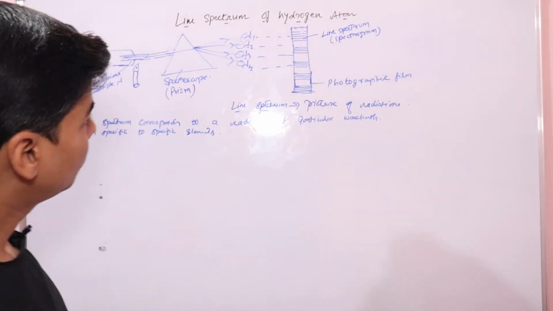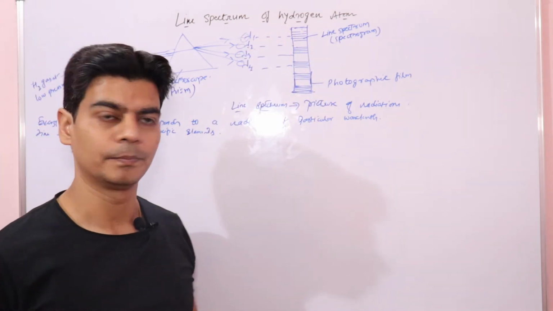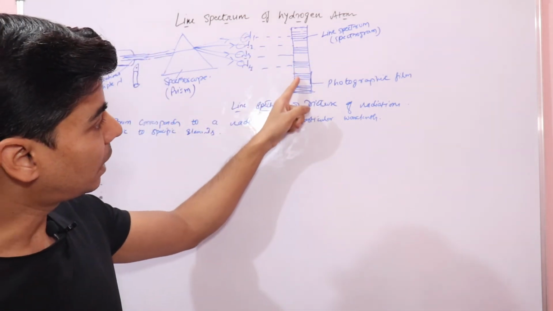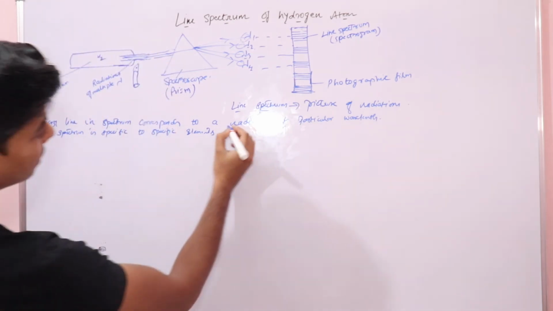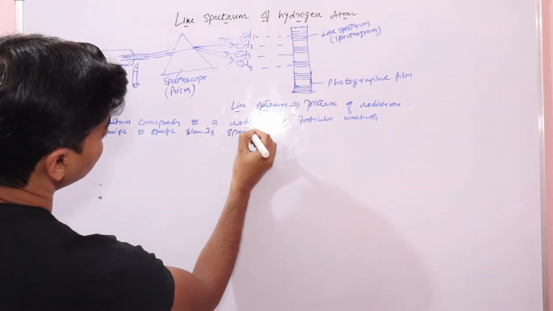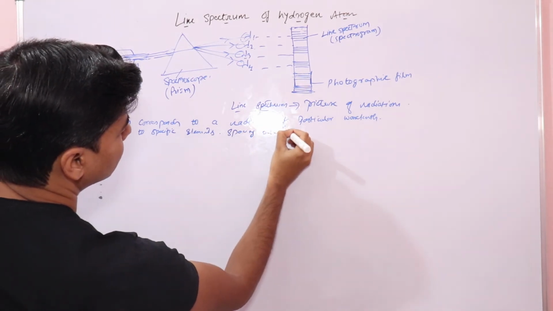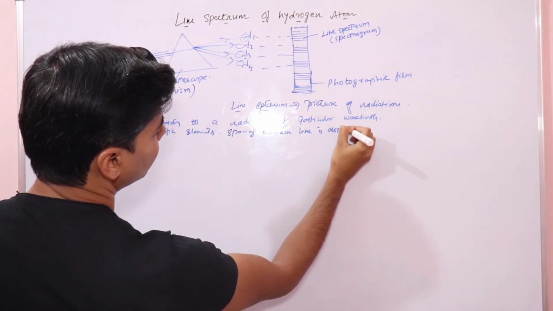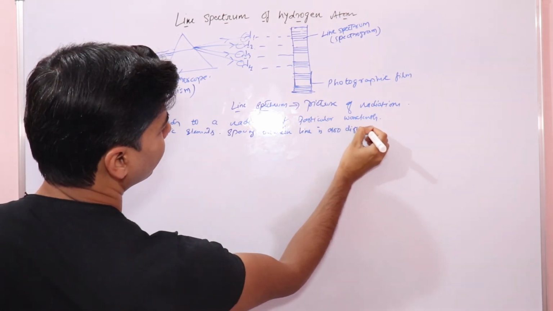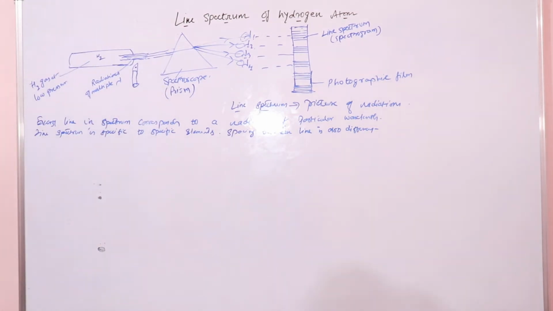So every element will form a different pattern of line spectrum, and the spacing between the lines will also be different. So this is your line spectrum.